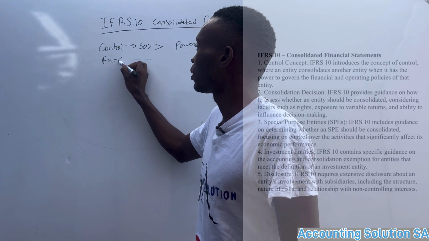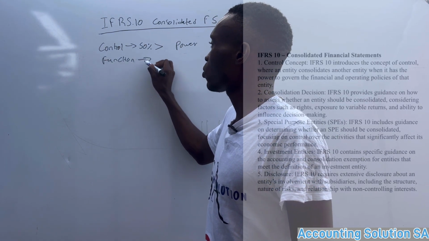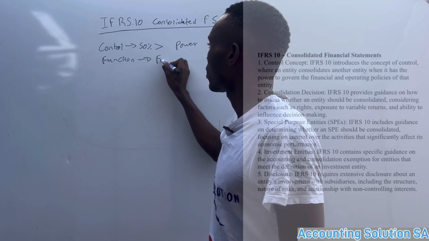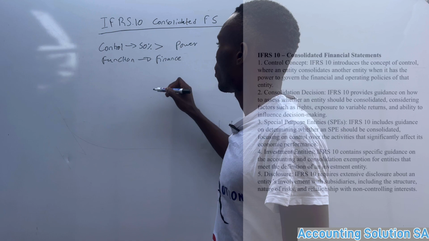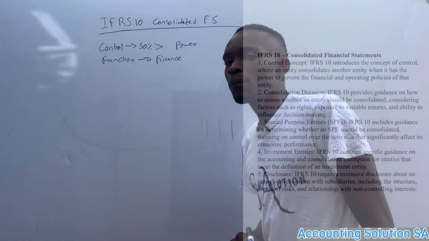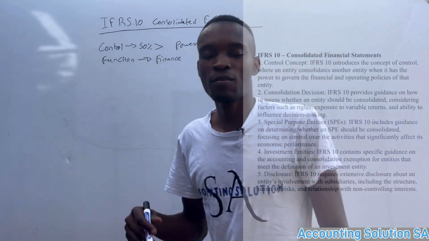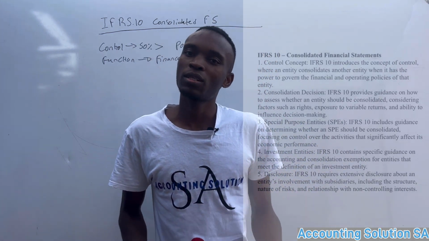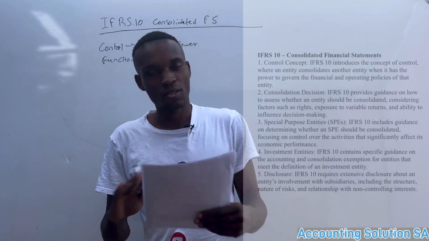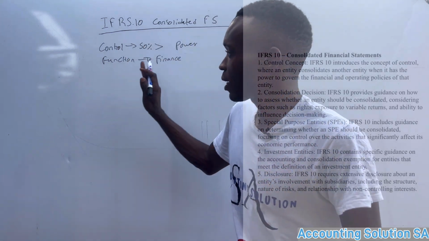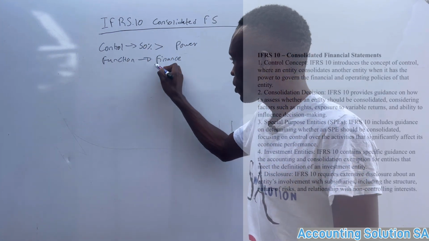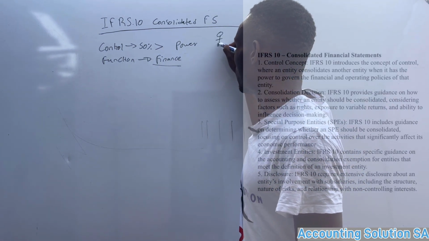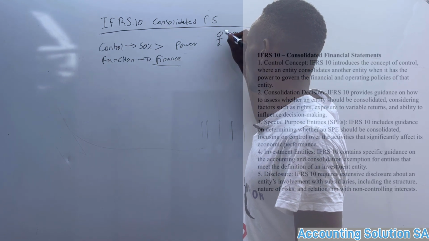You can also check the functions. The company that is controlling finance, if you are the one who is holding the money for a stokvel, guys, you know that if you run away, the stokvel is over. Similar case with this one. If you are holding the finance, let's say we have two companies here.